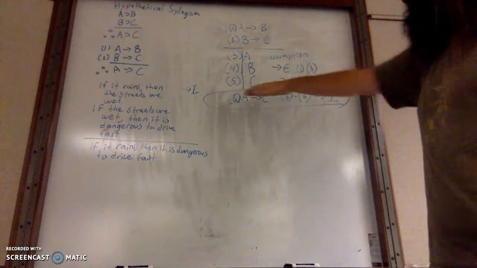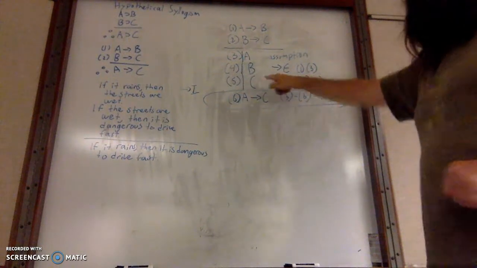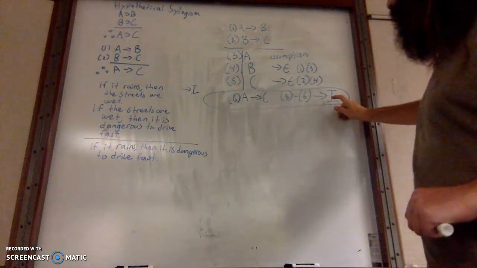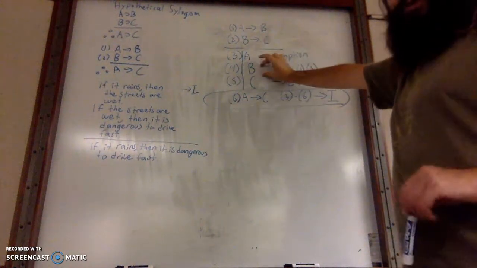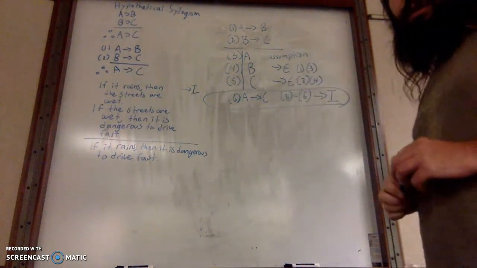And once I've completed the assumption, I can't go back and change anything inside it. Likewise, other than the thing I derive from the assumption, I can't actually use anything from the assumption.